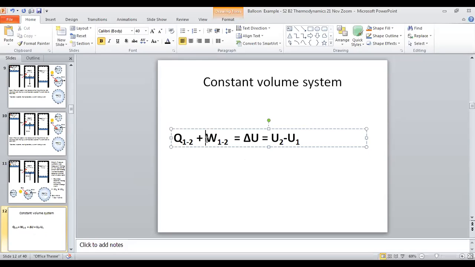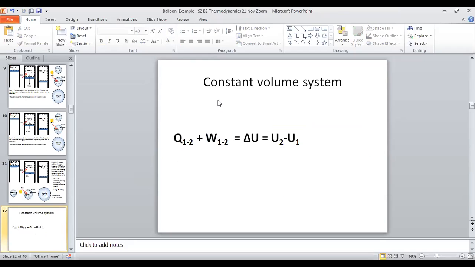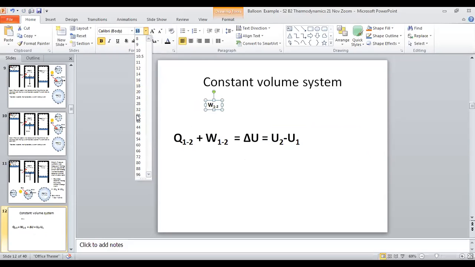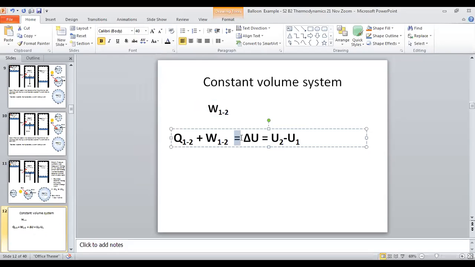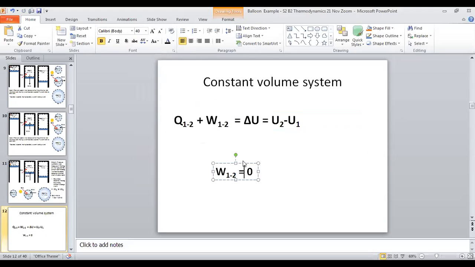Here W12 is 0 for constant volume system. So you can take W12 out.